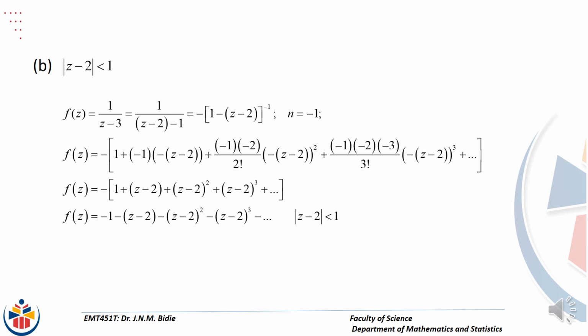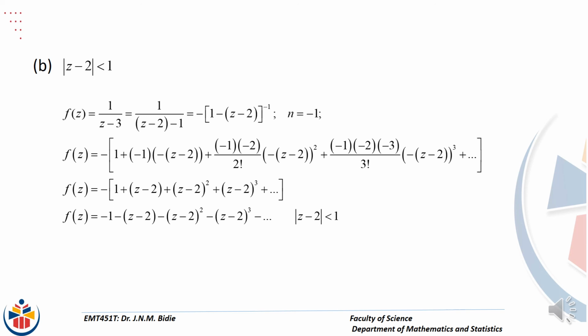And then thereafter, remember that the first term in the binomial series should always be +1. So we take out the negative. Hence, we have the negative of 1 minus z minus 2 all to the power -1, and n equal to -1. And then thereafter, we do the expansion.